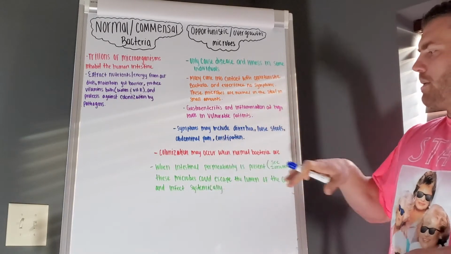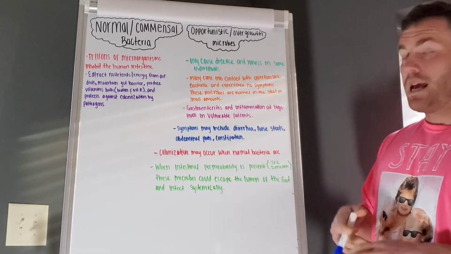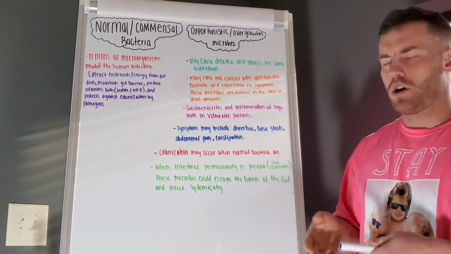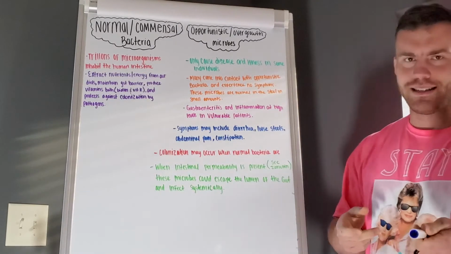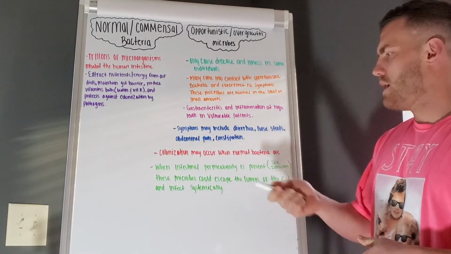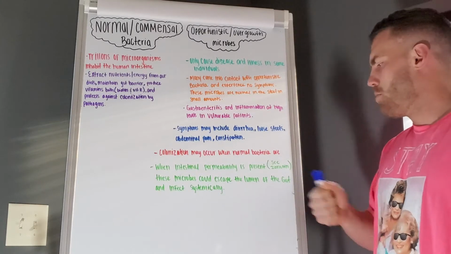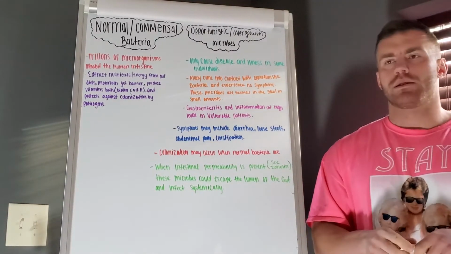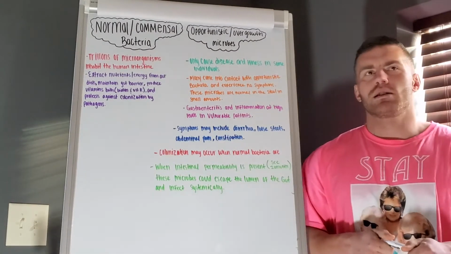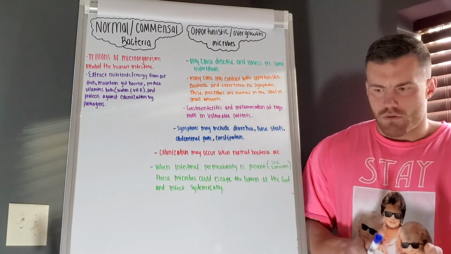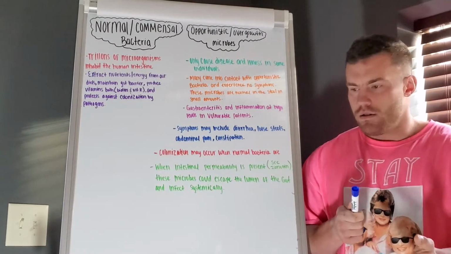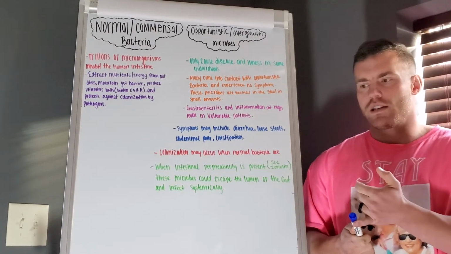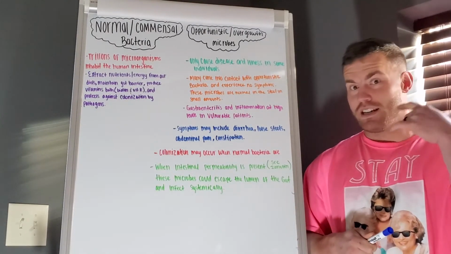When intestinal permeability is present in too large of an amount, zonulin, again, we're going to talk about that, this is leaky gut, these microbes could escape the lumen of the gut and infect systemically, meaning all over the place. So why do we see things like eczema and psoriasis and neurological issues present on the skin and in cognitive function?